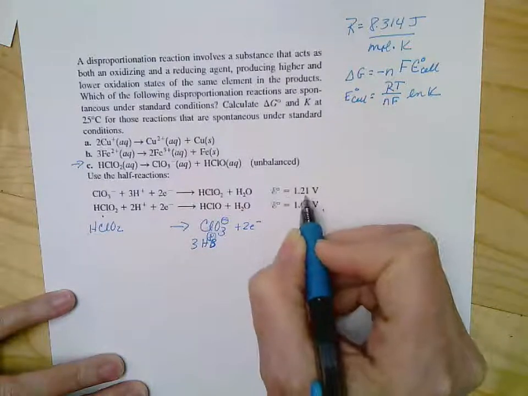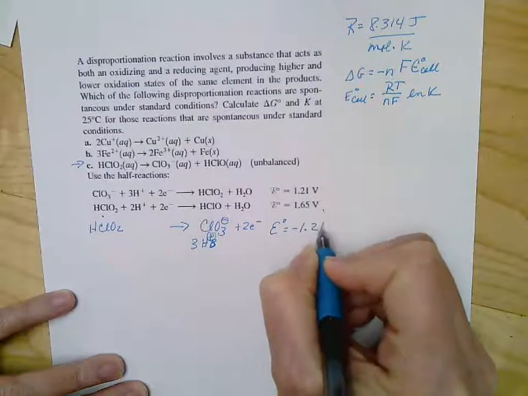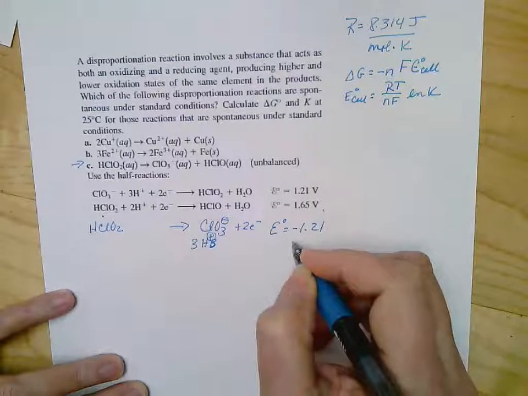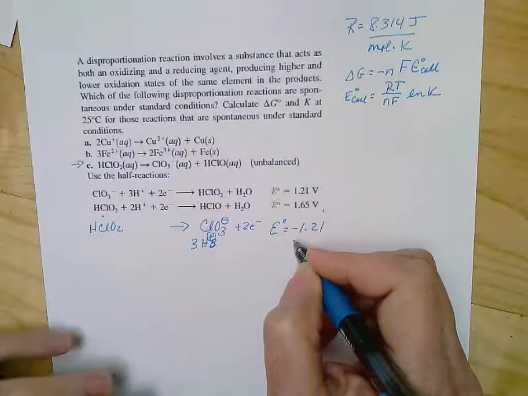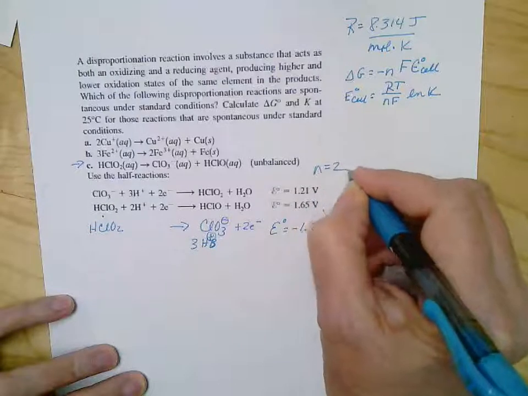But the big part about this is this sign will change, and E naught is going to be negative 1.21. So I have the same number of electrons being transferred, which is 2. So I know that n equals 2.